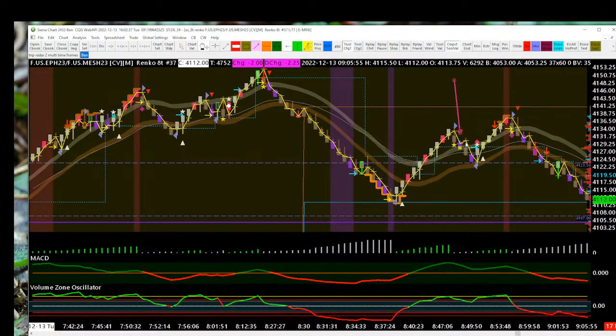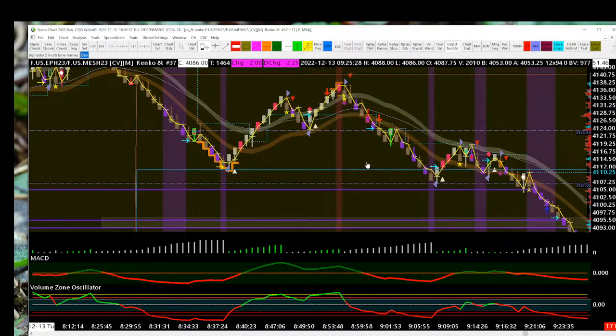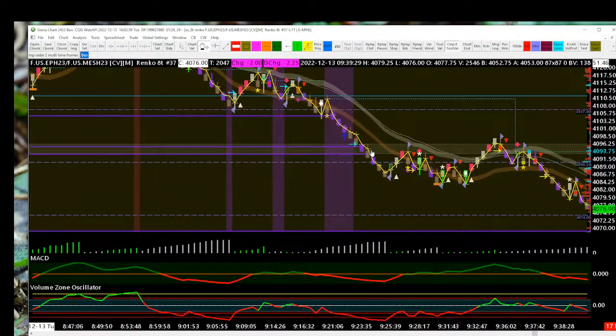Yellow star works, yellow star works, yellow star works, because the seller was super aggressive and active, and orange bars would also work in that scenario. So orange bar, sell, star, sell, star, sell. Anything to the downside was basically working for an hour. It was just like everything works.